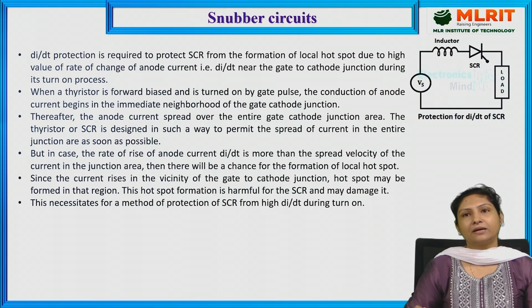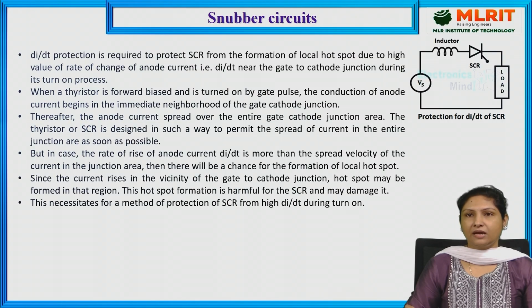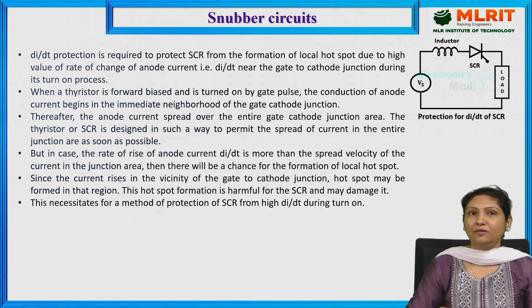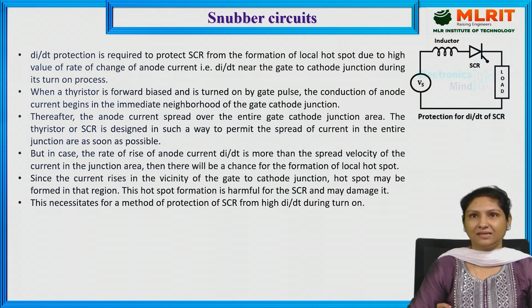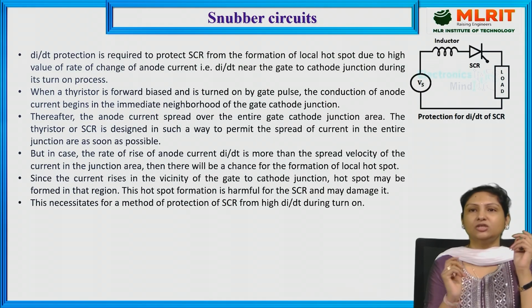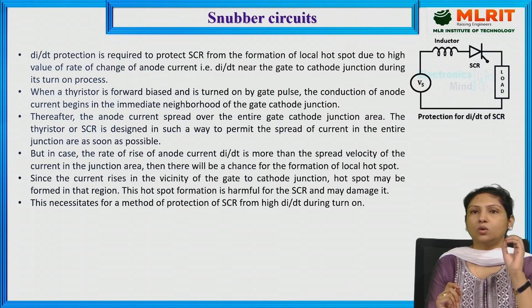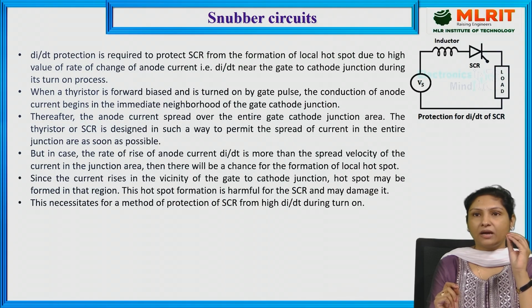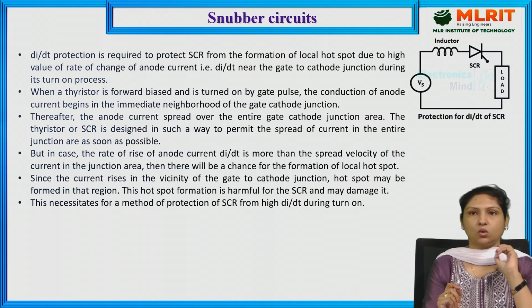Since current rises in this particular area, from gate to cathode junction, hotspots may form there, and this hotspot formation is harmful for the SCR and it may get damaged, and thereby we need to protect the SCR from the formation of these local hotspots.